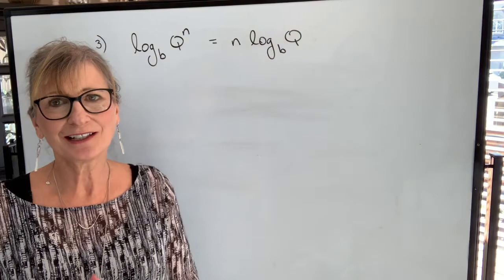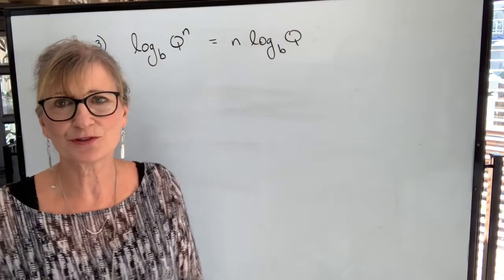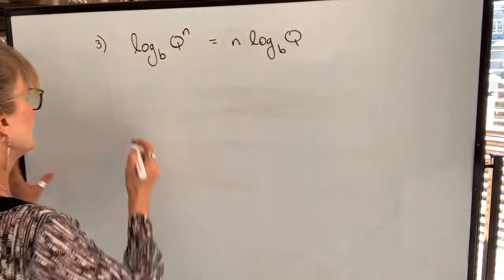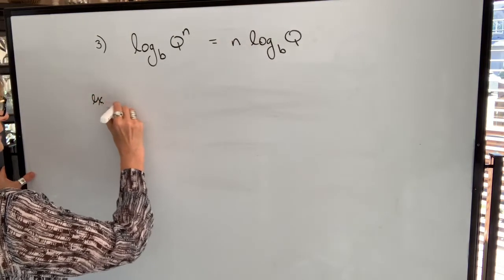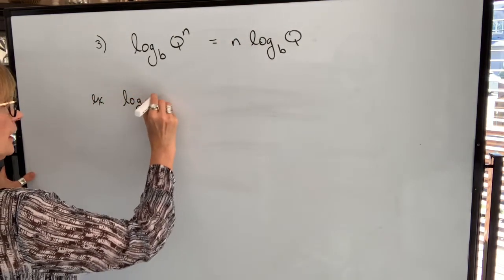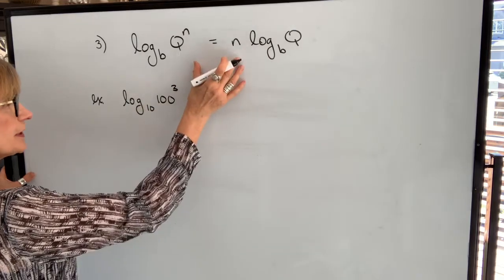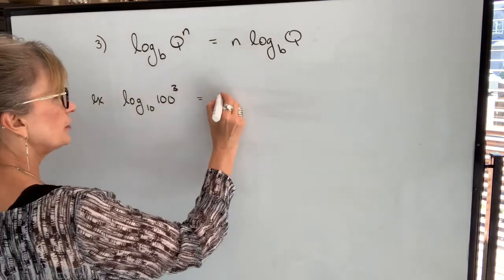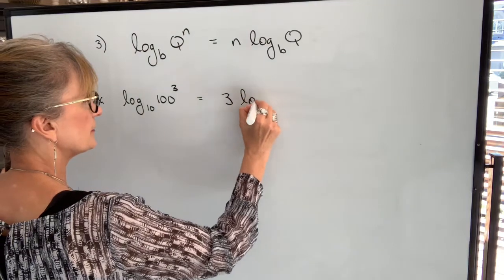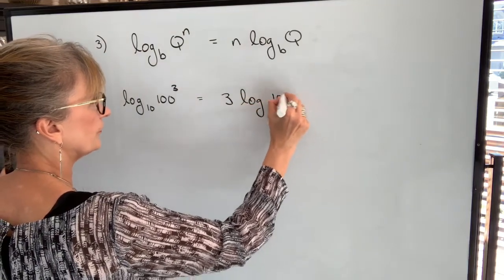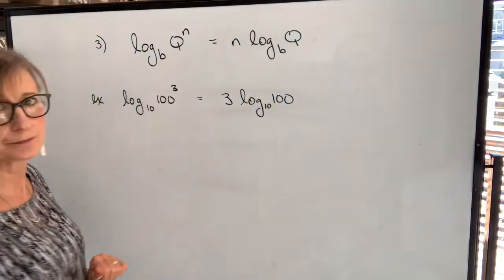Let's take a look at an example using powers of 10 to see that this does work. So if we had the log of 100 cubed, base 10, according to this property, this should be equal to 3 times the log of 100, base 10.